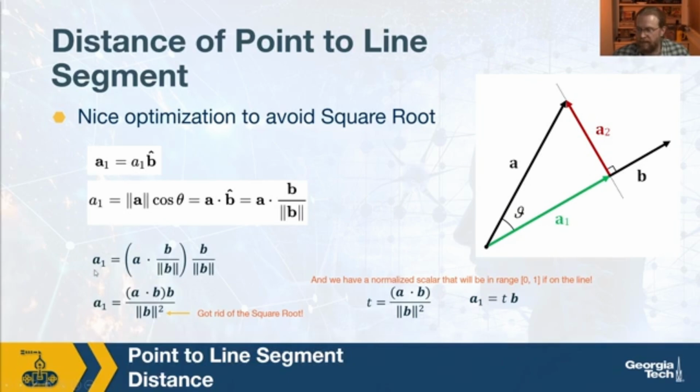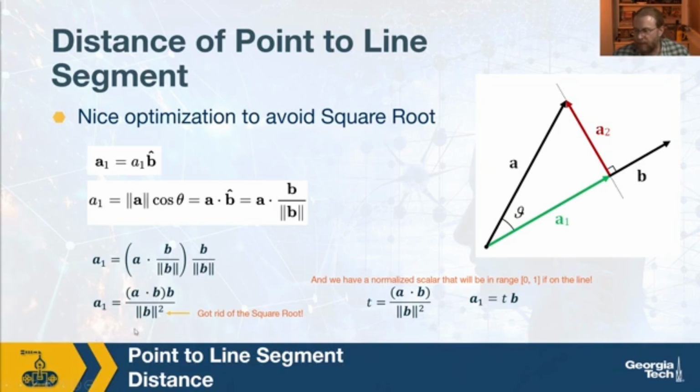So now we have the projected vector a with a little subscript 1 there, is equal to, in parentheses, vector a dot product vector b over magnitude of b, that's really the unit vector. And then that's times unit vector b, which we can substitute in there, which is also vector b over magnitude of vector b.